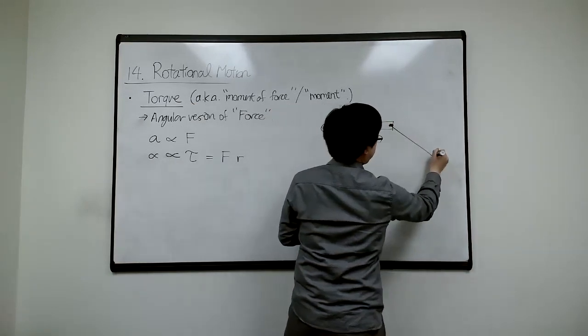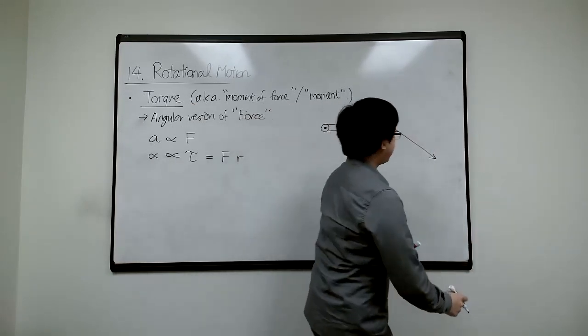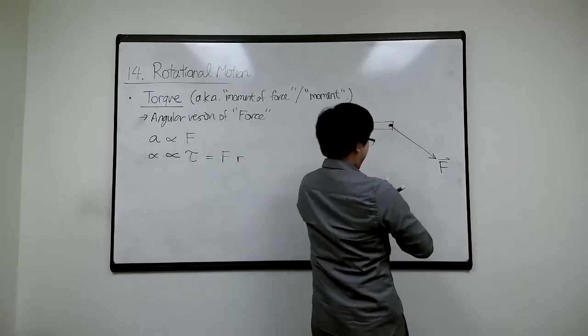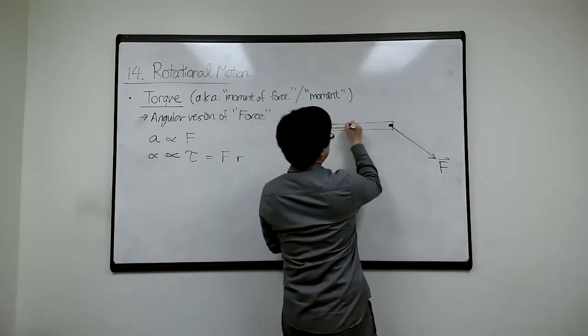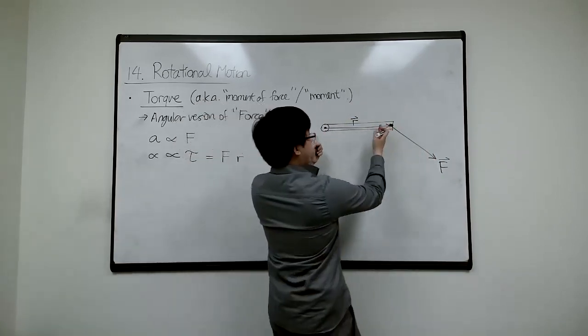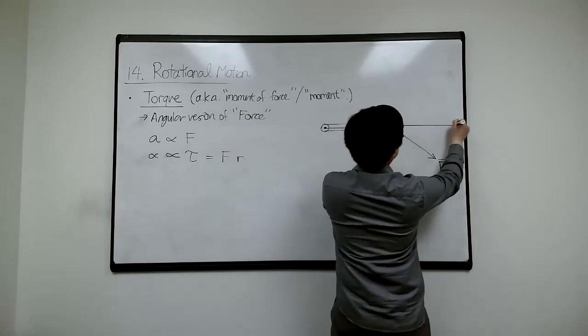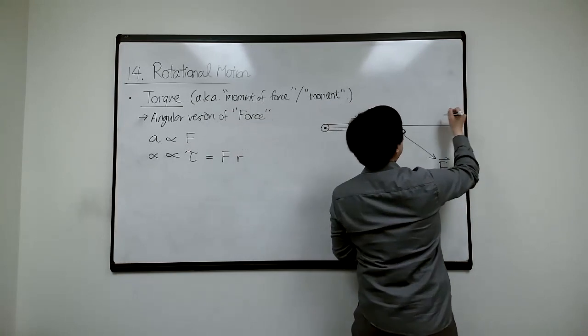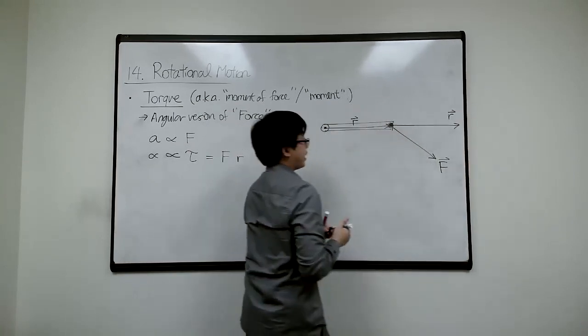Let's say I'm pushing it here just to keep things a little simpler first. So that's the force, and this is R. But in order to compare R and F, you need to have them start at the same point. So since this is the point of contact, the point of interest, I'm going to move the R vector over here, okay?